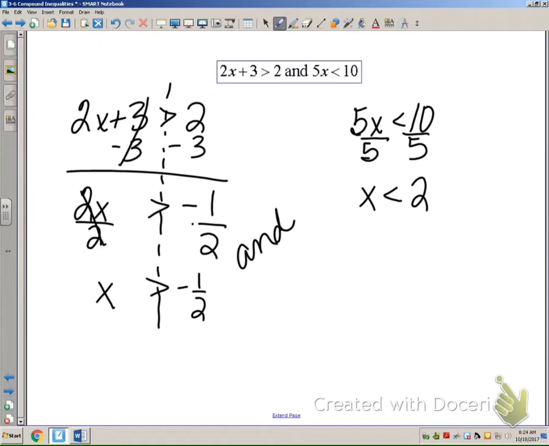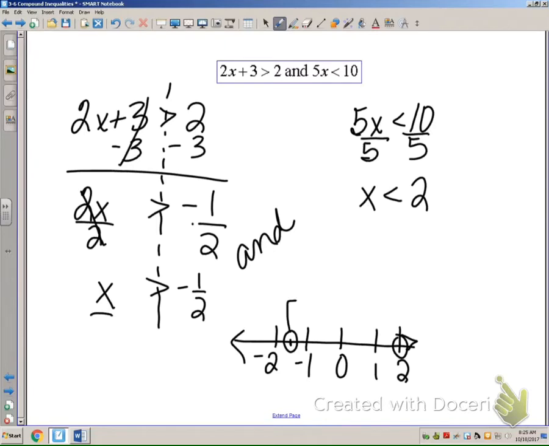That means my values of x are somewhere in between negative 1/2 and 2. This is not inclusive, because there's no equal to, so we're not including. So we've got the negative 1/2 right here, open circle. We've got the 2, open circle. And think about what we're looking for. This says all the x's greater than negative 1/2, so that's this line.